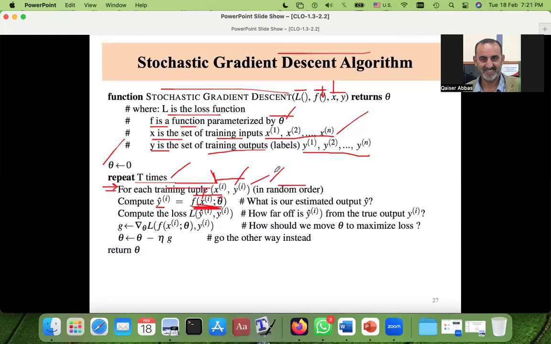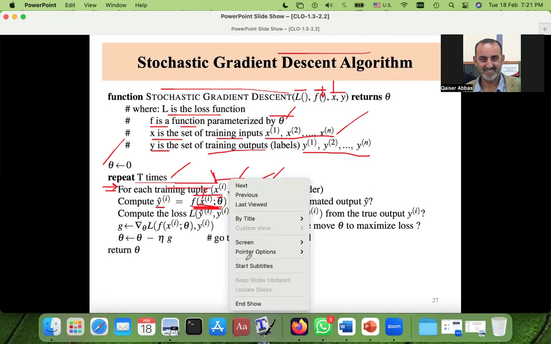Here we are taking training tuples as input. Then we are computing probability values by using the second step, and then we are computing the loss by using the third step that we discussed mathematically. What is written here? Loss of, I can remove that drawing.